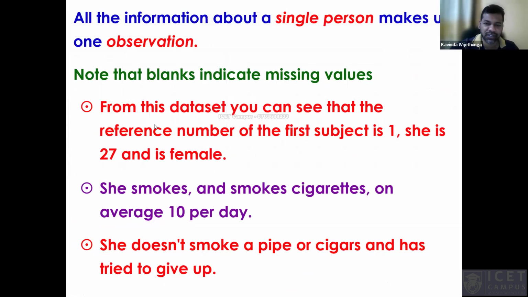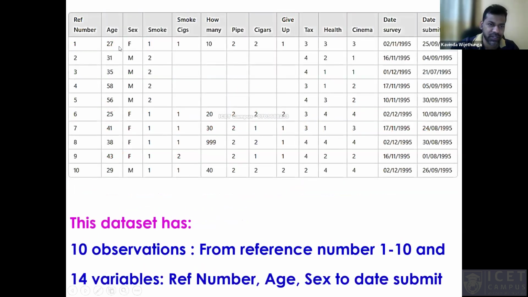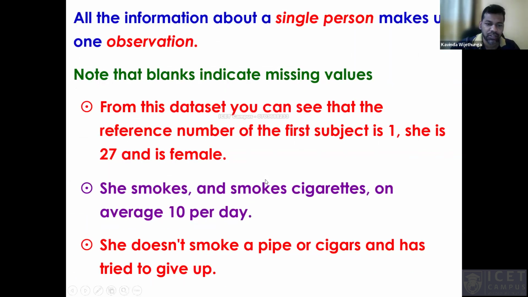From this data set, you can see that the reference number of the first subject is 1. She is 27 and female. Likewise, she smokes cigarettes, 10 on an average day. She doesn't smoke a pipe or cigars.